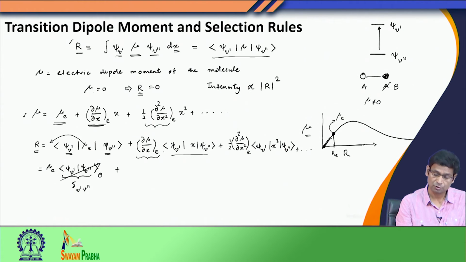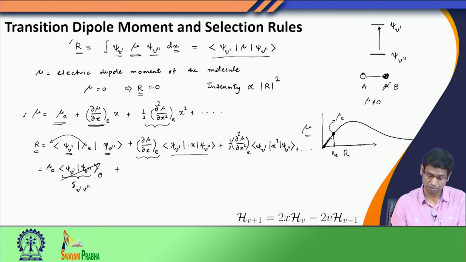So, to evaluate this expression, I am going to use a property of Hermite polynomials, in particular this recursion relation, which says that the Hermite polynomial of order v plus 1 is equal to 2x multiplied by the vth Hermite polynomial minus 2v times the Hermite polynomial of order v minus 1.